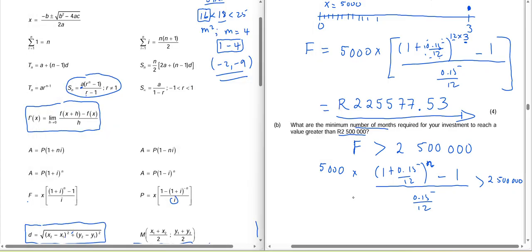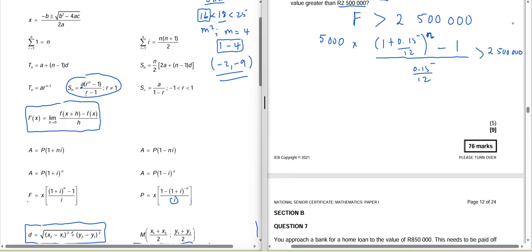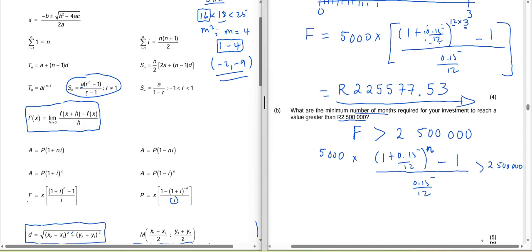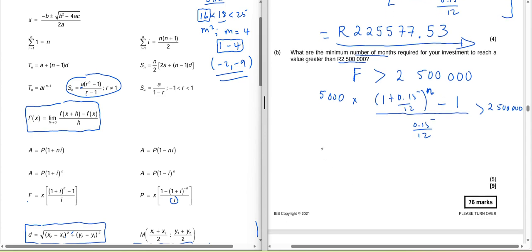So maybe let me write it in another space because of space. It means this is the same thing as 400,000 times 1 plus 0.15 over 12. Let me just get the answer for that so that it will be much easier for us.